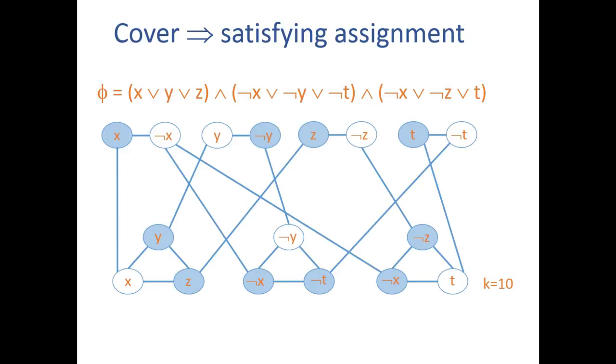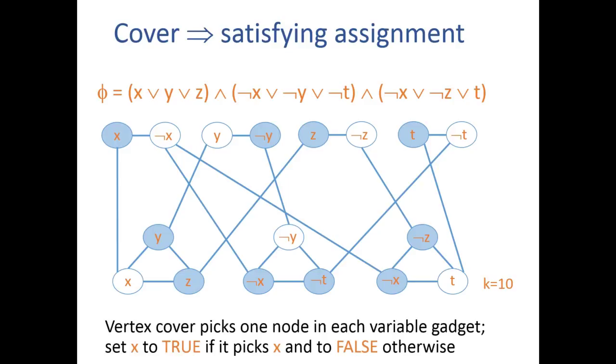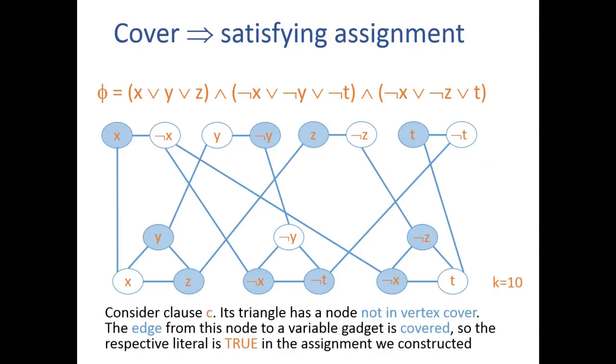Okay, why is that? Well, let's look at a specific clause. Say this one. Well, this clause corresponds to a triangle. Let's maybe look at this one. This one is more interesting. So this clause corresponds to a triangle.